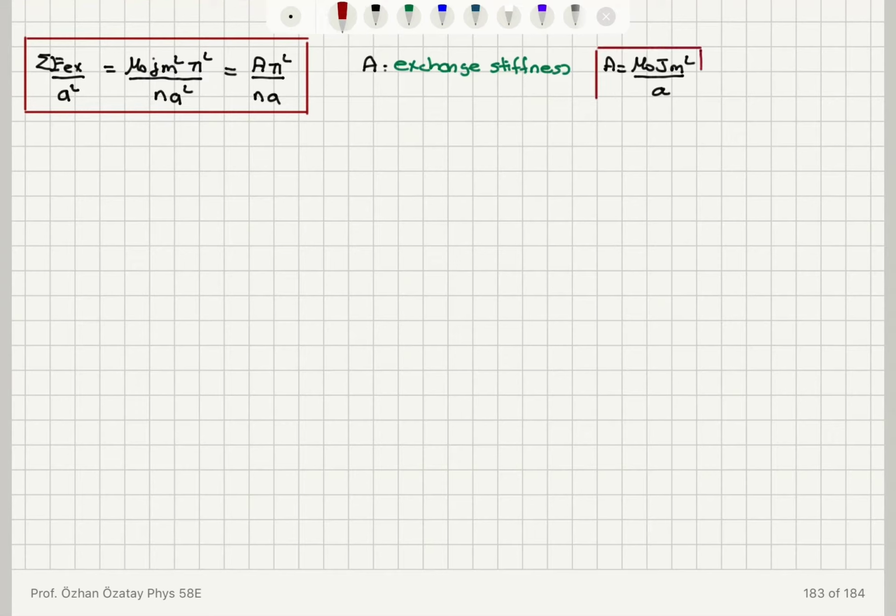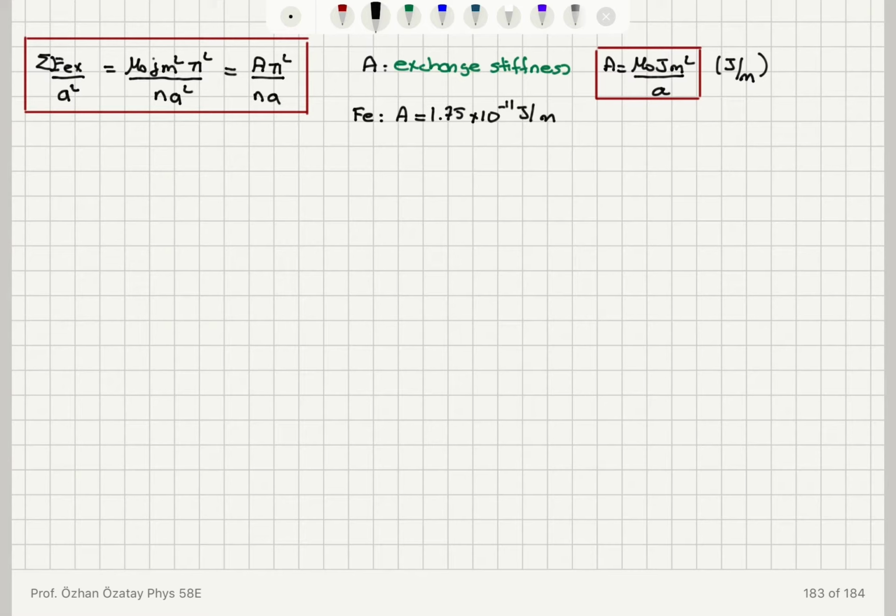That is the definition of exchange stiffness, which has some temperature dependence because the J, the coupling constant, will decrease with increasing temperature. So this is in joules per meter, it's energy per unit length. If you look at the value for iron, for example, exchange stiffness is 1.75 times 10 to minus 11 joules per meter. This is at room temperature.